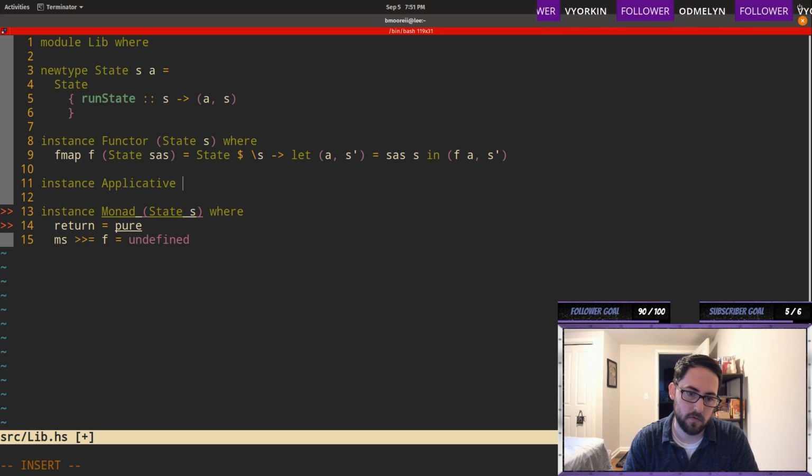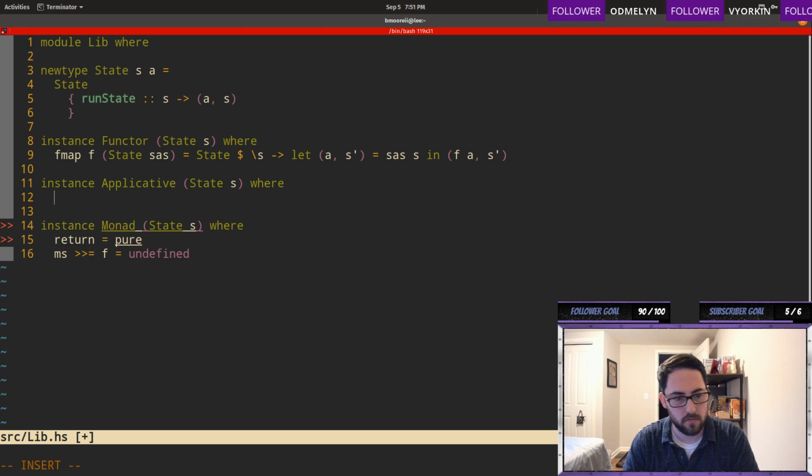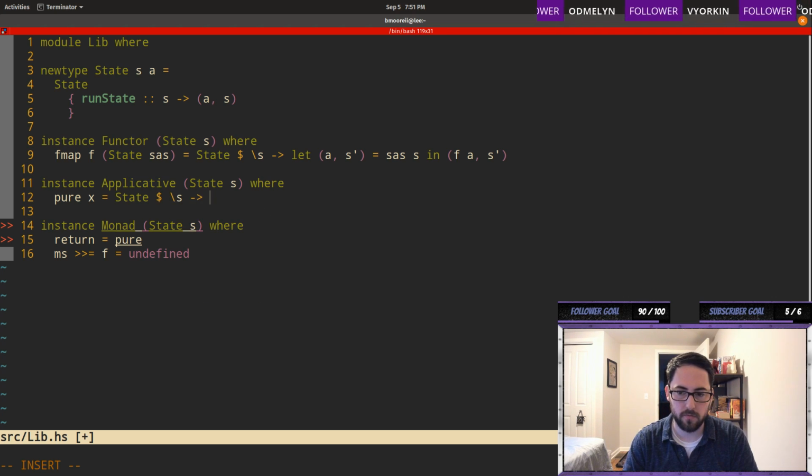Applicative. So we're going to be given an x, which is an a, and we need to embed it into state, which means we're going to take s2 xs.